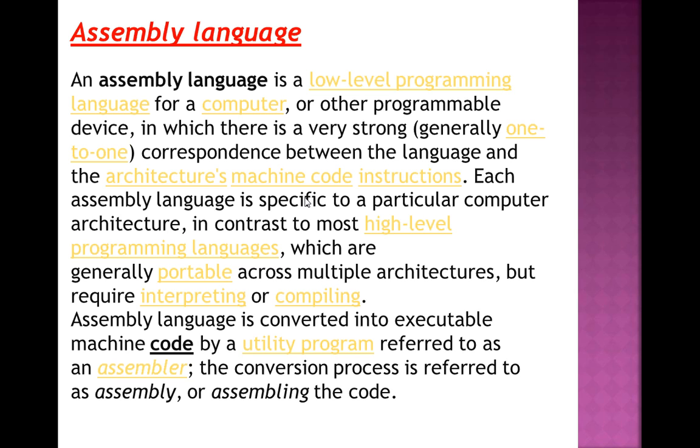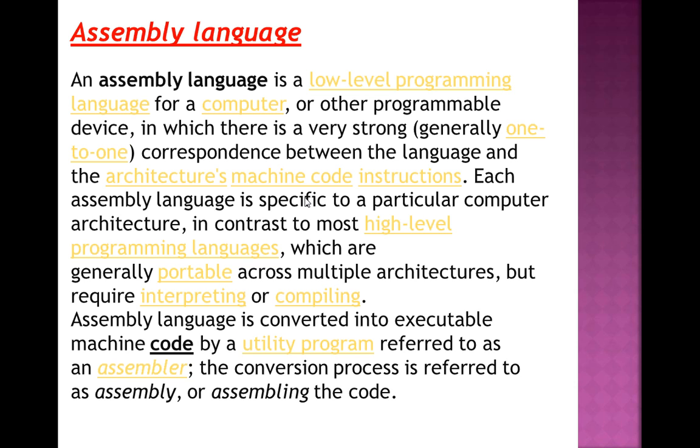The next line says, each assembly language is specific to a particular computer architecture, in contrast to most high-level programming languages, which are generally portable across multiple architectures. So every assembly language is applicable only to a particular computer architecture, compared to high-level languages that are suitable for each and every architecture.